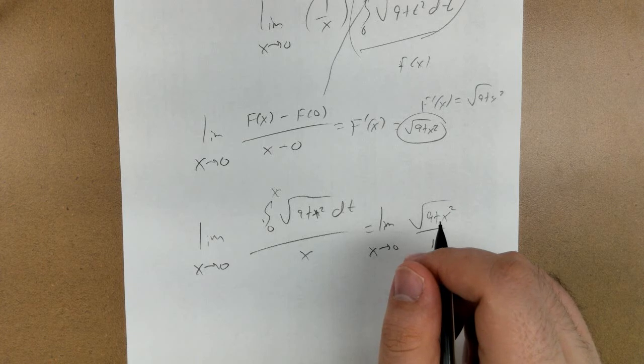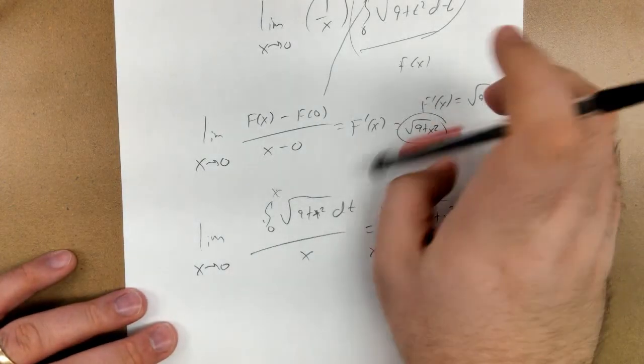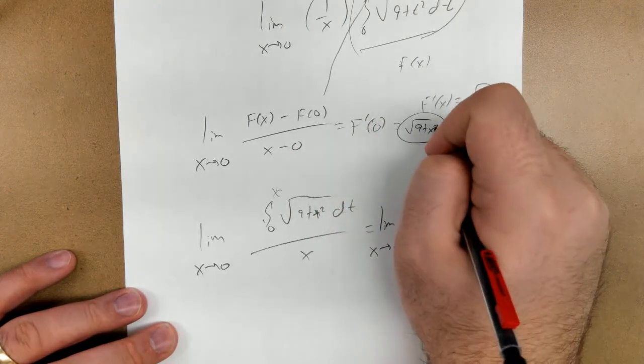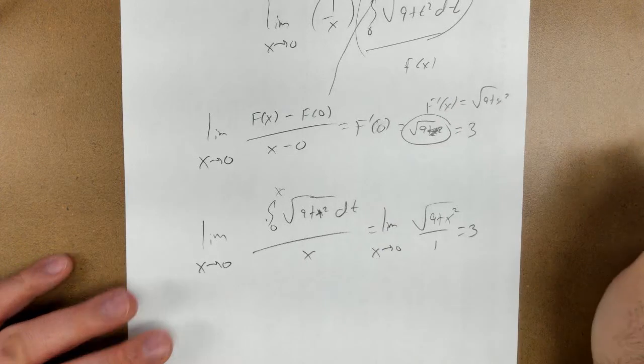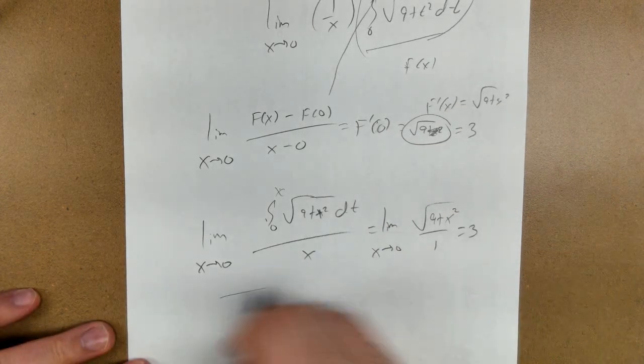And so you get 3 here. I didn't finish up here, did I? This is not f prime of x, this is f prime of 0, right, I plugged in 0. So that should be 3. In either case, you should get 3. I think this is much easier.